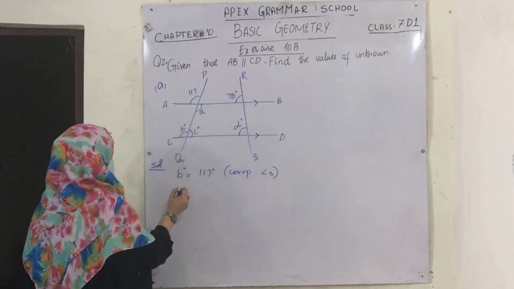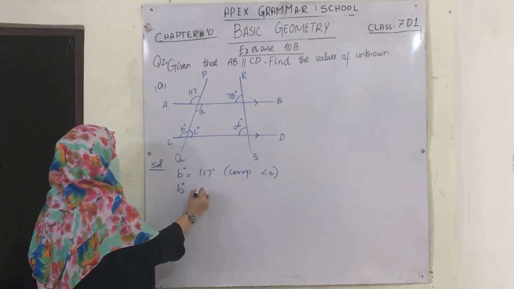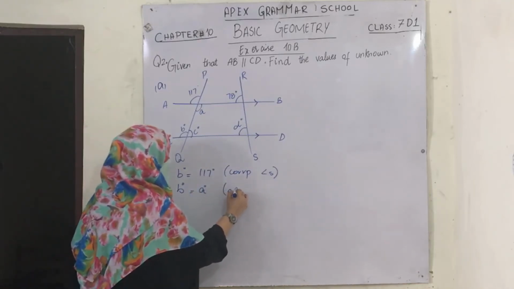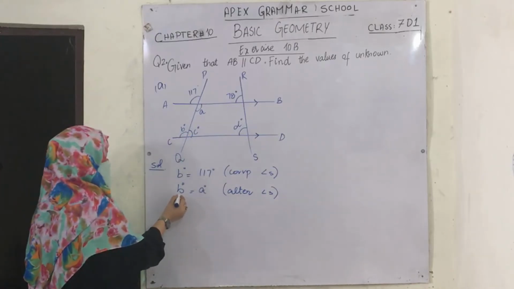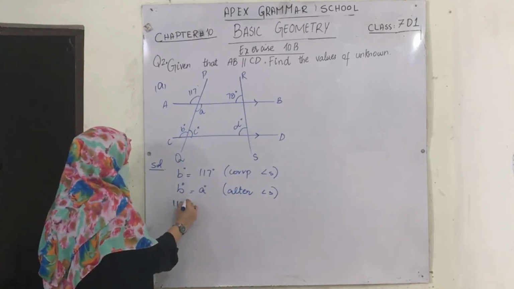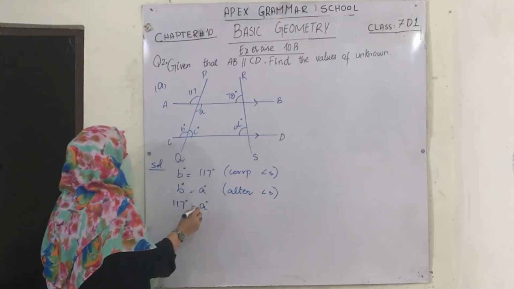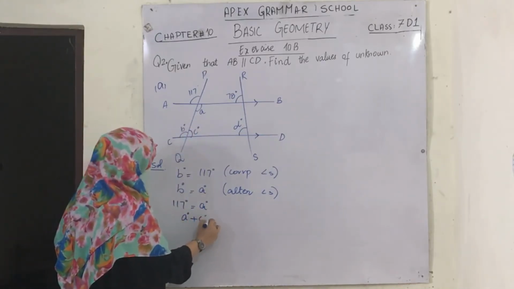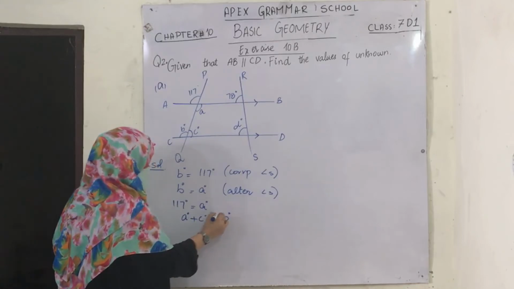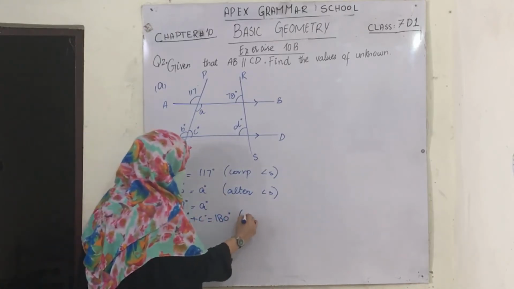B degrees is equal to A degrees because they are alternate angles, hence they also will be the same. The value of B is 117 degrees, which will be the value of A. As you can see, A and C are interior angles, which means they will add up to make 180 degrees.